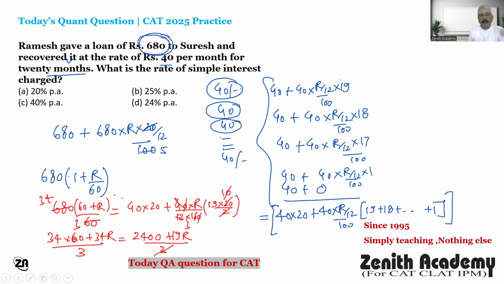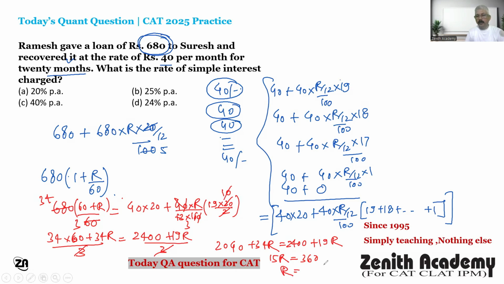The 3 cancels, and 34 into 60 is 2040. So 2040 plus 34R is equal to 2400 plus 19R. 34 minus 19 is 15R, and 2400 minus 2040 is 360.